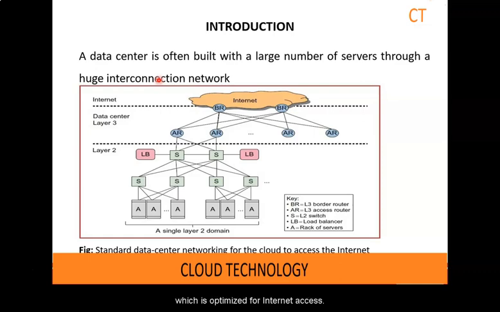This figure shows a multi-layer structure for accessing the network, that is internet. Server racks are at the bottom layer, and they are connected through fast switches as a hardware core. The data center is connected to the internet at layer 3 with many access routers and border routers.